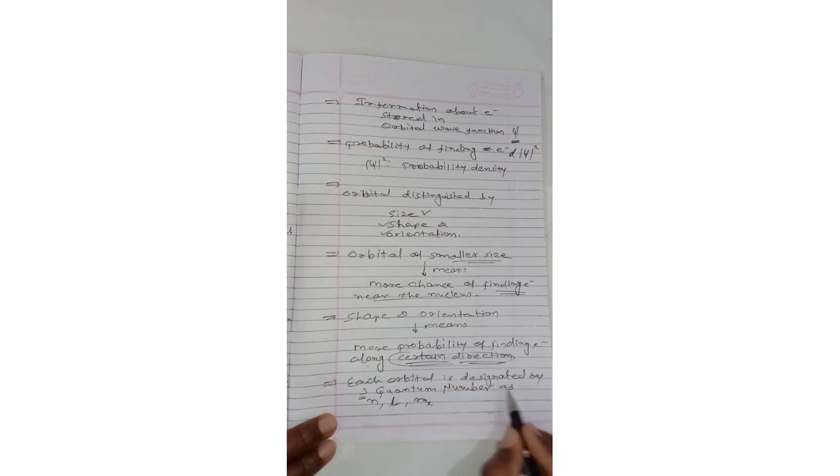Each orbital is designated by three quantum numbers: principal, azimuthal and magnetic quantum number.